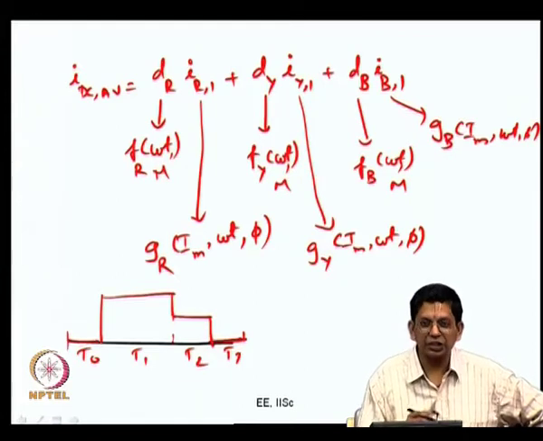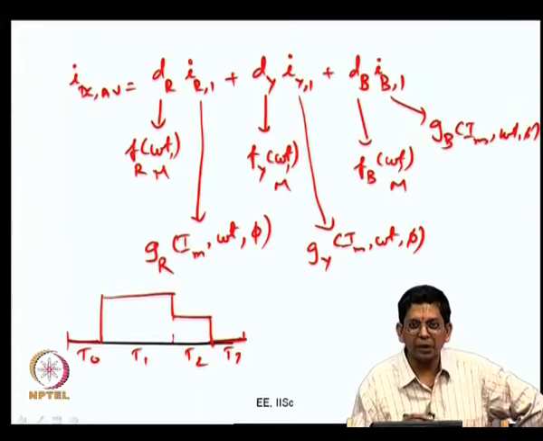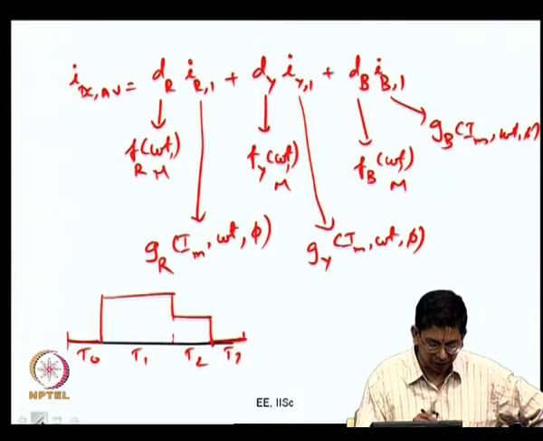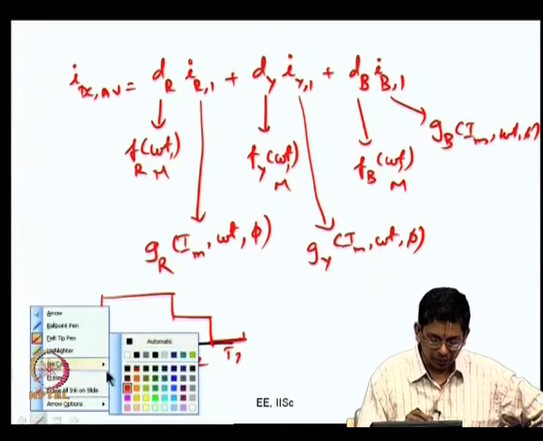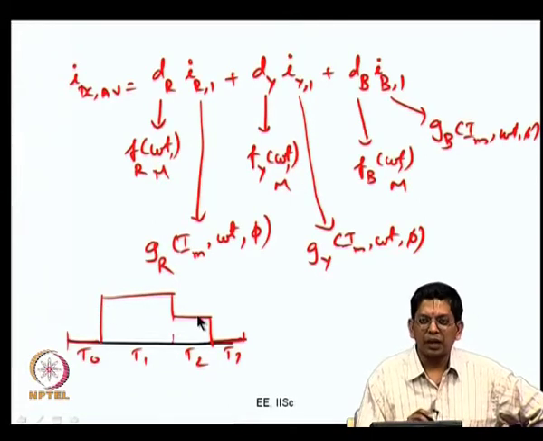Now, what is going to change? The same operating condition. So, the same operating condition basically means Vref and alpha are same, and the Im values are same, the fundamental currents are all same, and Vref and alpha are same, meaning T1 and T2 are same.